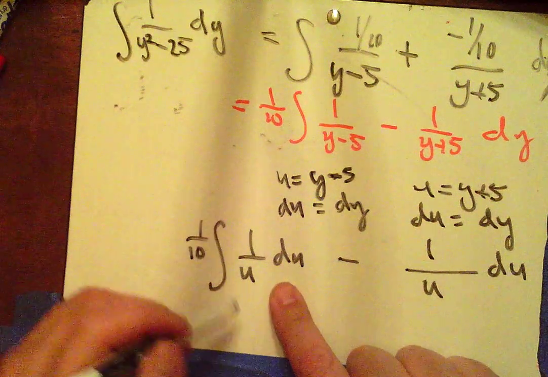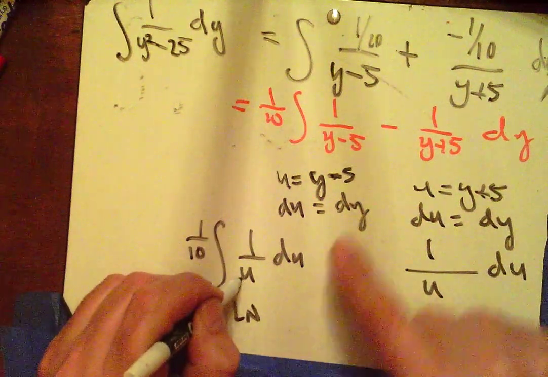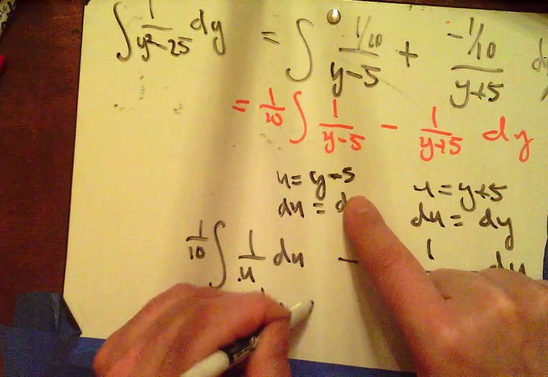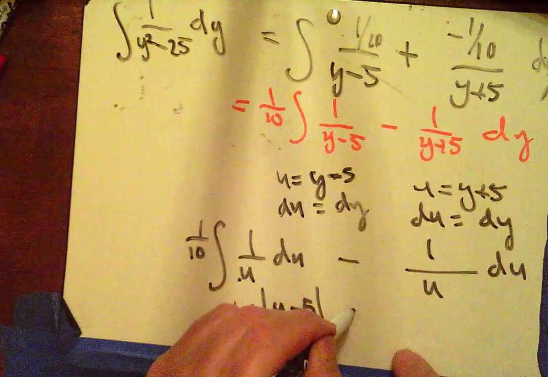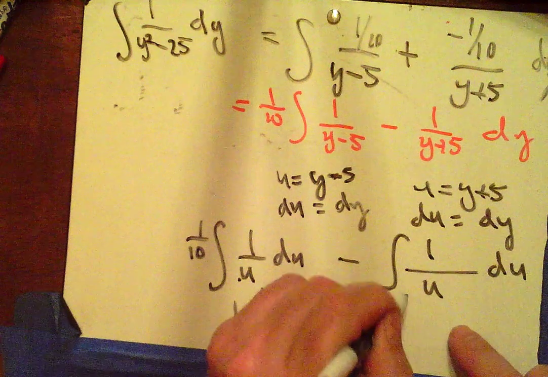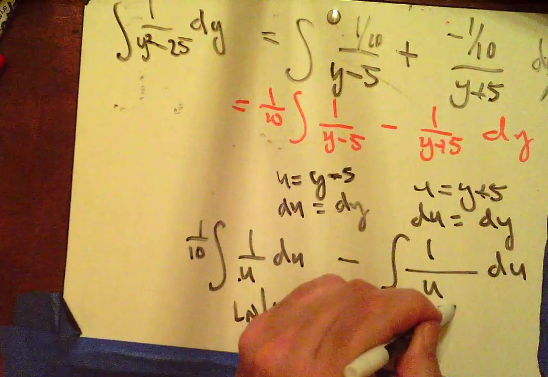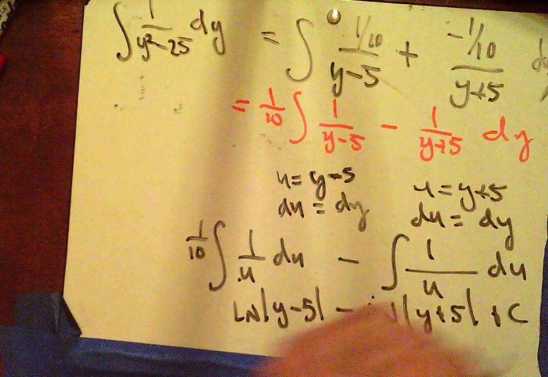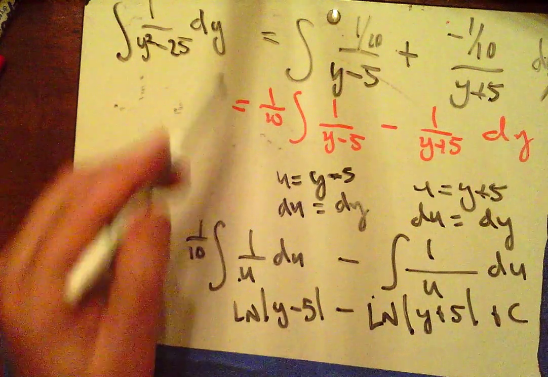So here, I'm going to have ln of this u minus ln of this u. And don't forget we have this 1/10 out in front.